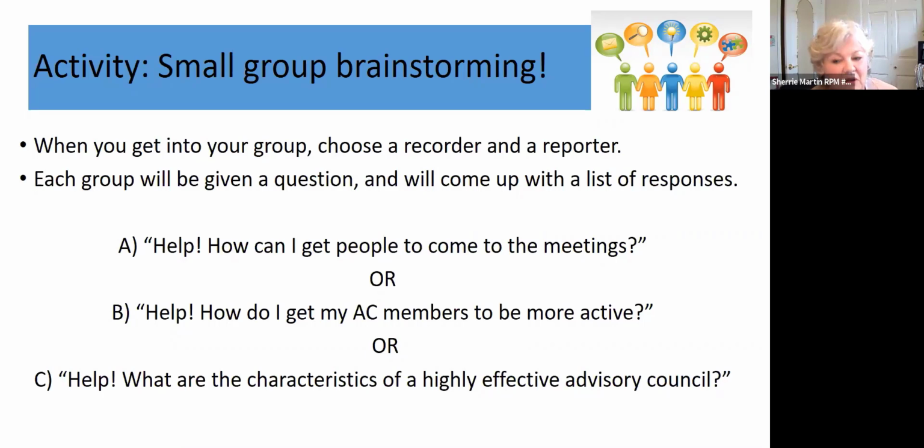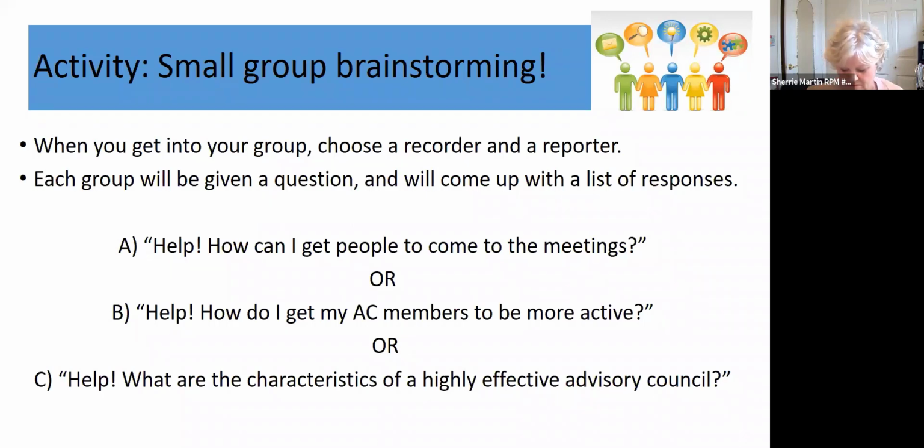Our group did this section, and I'm not sure which group number we are, if we're 3 or 4. But we talked about getting the members invested. One thing we talked about was sending out a Google form survey for the advisory council members, especially being a new coordinator, to find out what their expectations of the council are and things that they like that the council has done, and times for getting them to attend the meetings to learn more about what we're doing.